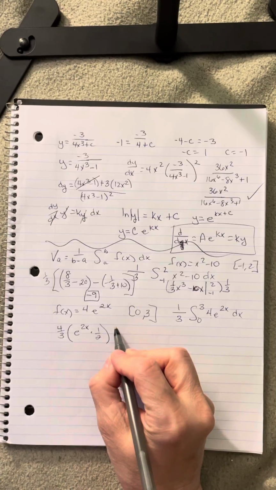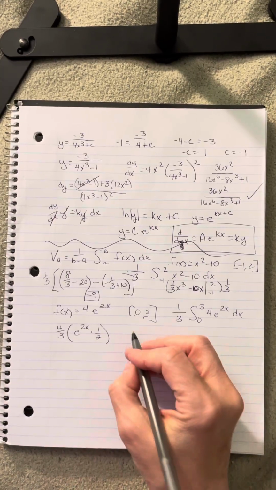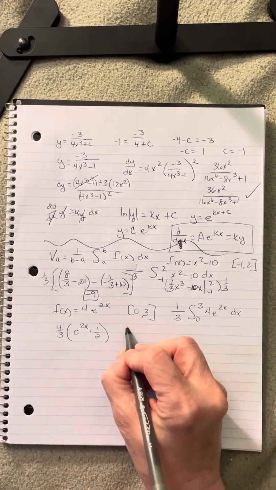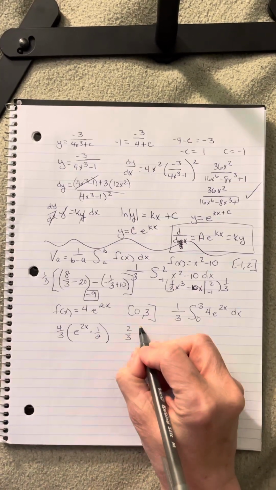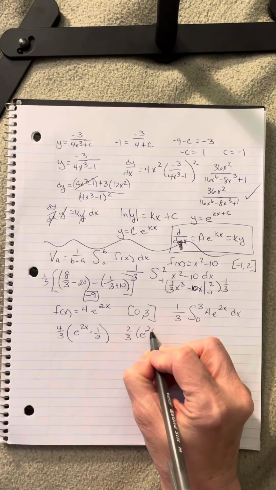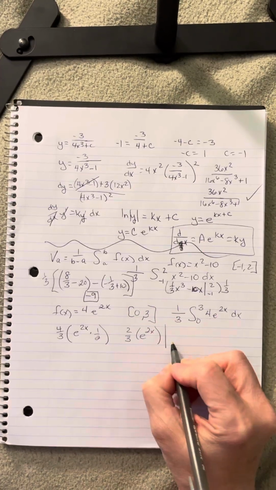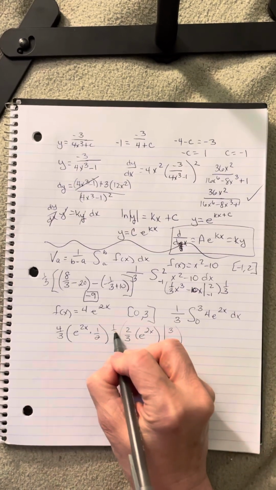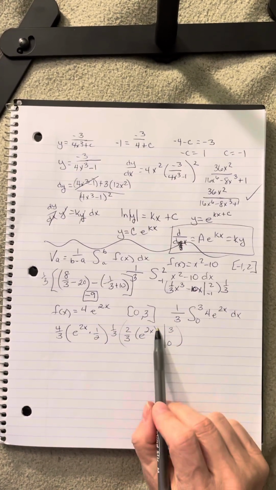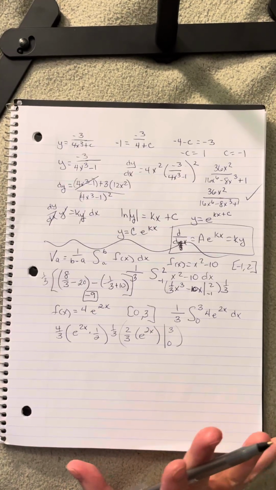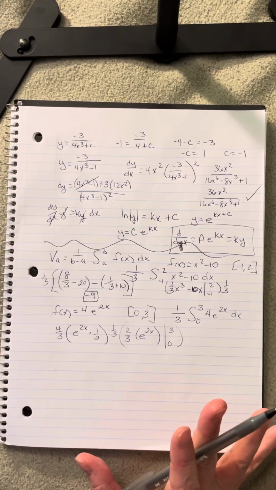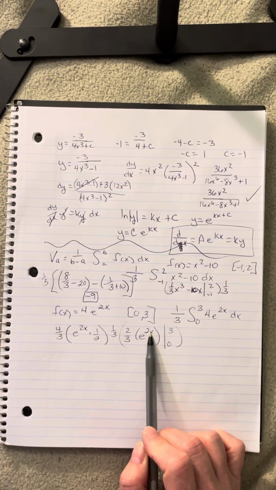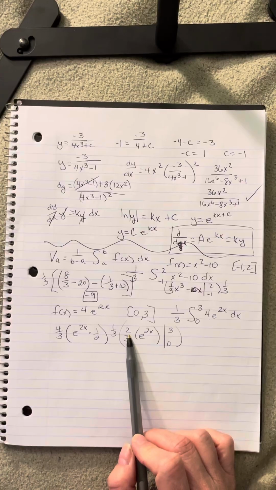So that's going to be 2 going into 4, so 2/3 with our e to the 2x, plugging in the 0 to 3 and still multiplying with that 1/3. So then 0 is going to not be needed, and then we plug in the 3, so definitely calculator that. So that would be e to the 6th power, and that would be a decimal, multiplied by 2/3.